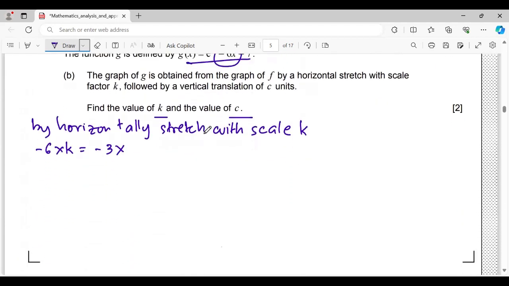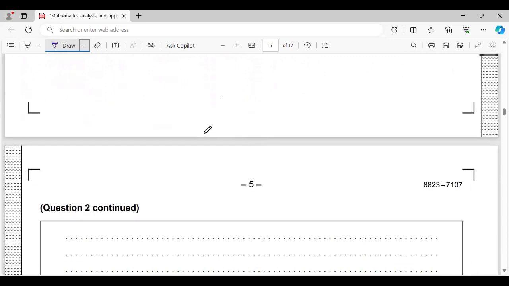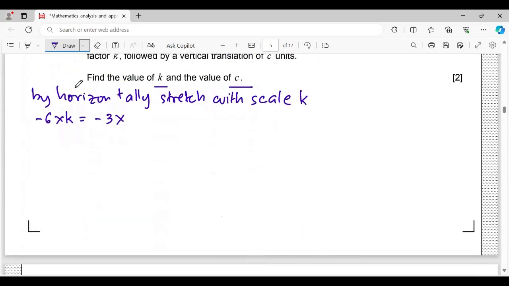Okay, we're going to find k. So k will be minus 3x over minus 6x equals how?